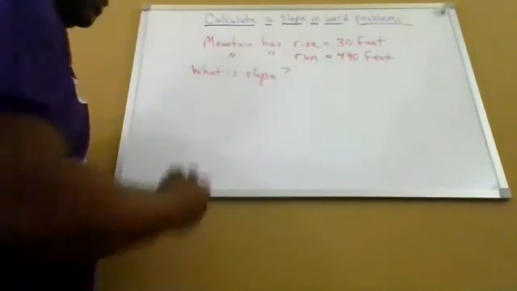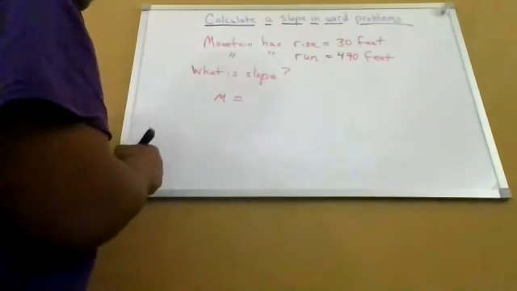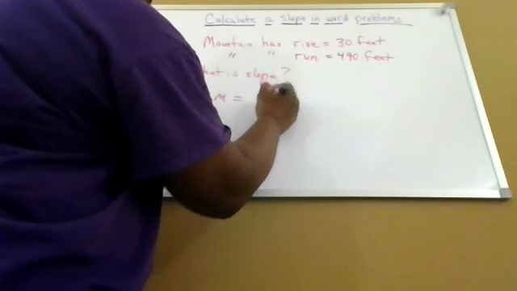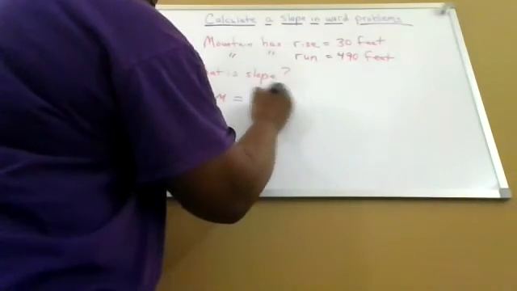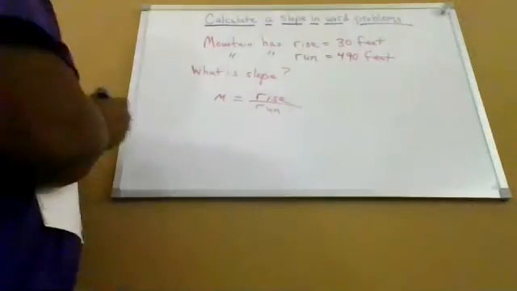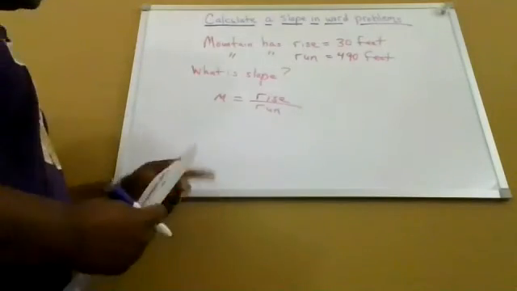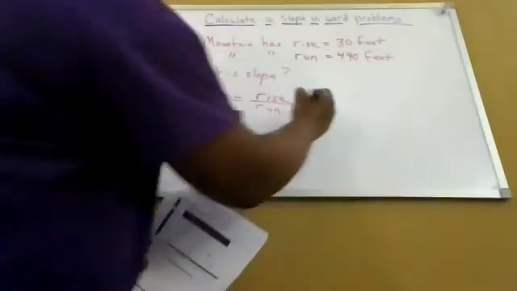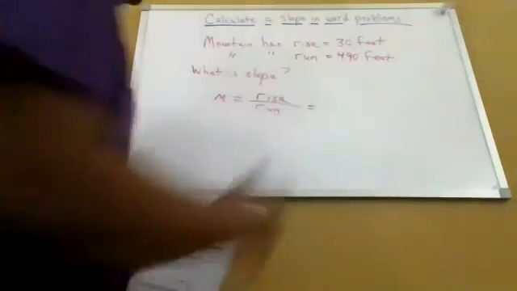Well, our slope is defined as, remember, you can use M for slope, is rise divided by run, or rise over run. So now we've written the formula for slope, and we can substitute our values in. The rise is 30 feet.